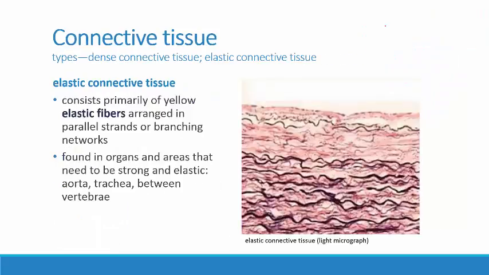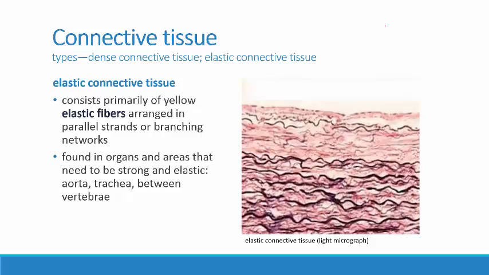We've got a third. Elastic connective tissue is also a dense connective tissue because, again, the elastic fibers tend to be arranged in parallel strands. And this connective tissue is found in organs that need to be both strong and elastic. So the aorta, which withstands the highest of the blood pressure changes.